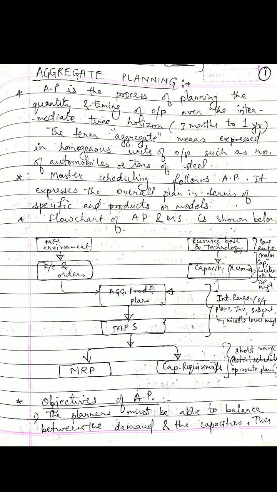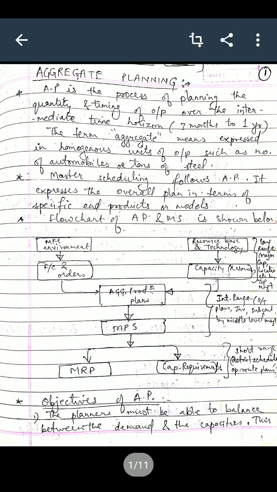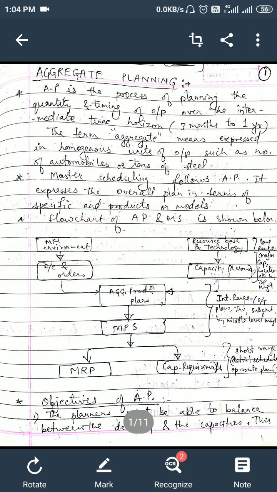So master production schedule is nothing but it decides how many units are to be produced for a short period, per quarter, per month, per week, per day, or per shift. It decides the specific end products or models.